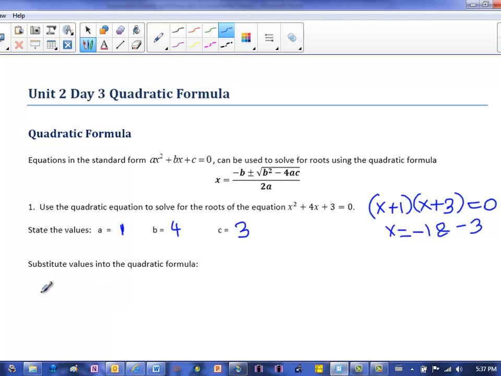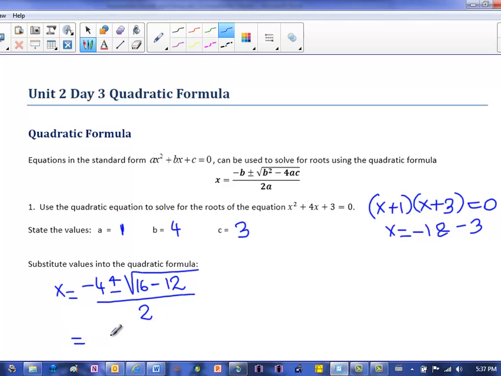Well, now we have to substitute the values into the quadratic formula, so we have x equals negative 4 plus or minus square root of, well, 4 squared is 16 minus 4 times 1 times 3 is 12, 4ac, over 2 times a, or 2 times 1, which is 2.